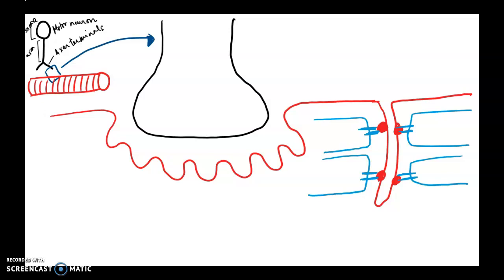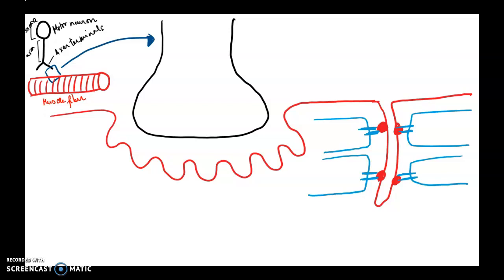Okay, now what do we see here? We see that a motor neuron is in very close proximity to a muscle fiber. The red rod-like structure is a muscle fiber, right? It's not touching the muscle fiber, there's a gap.